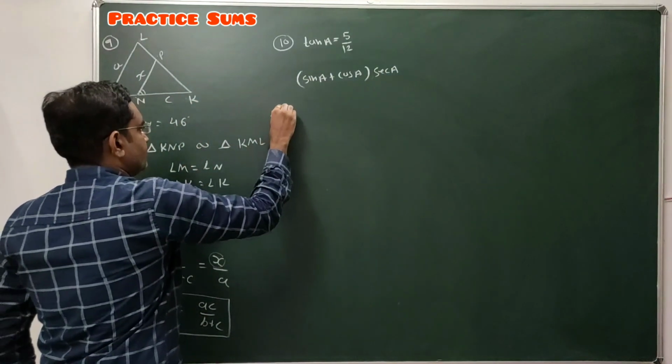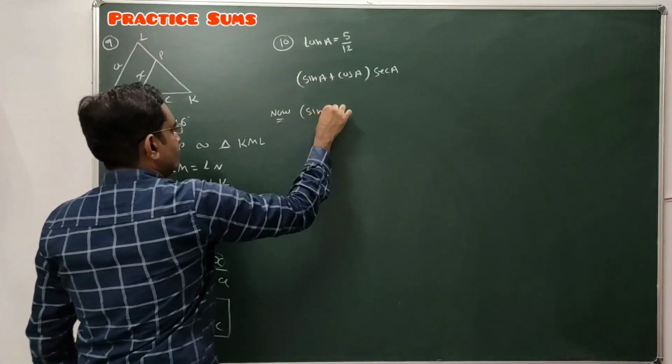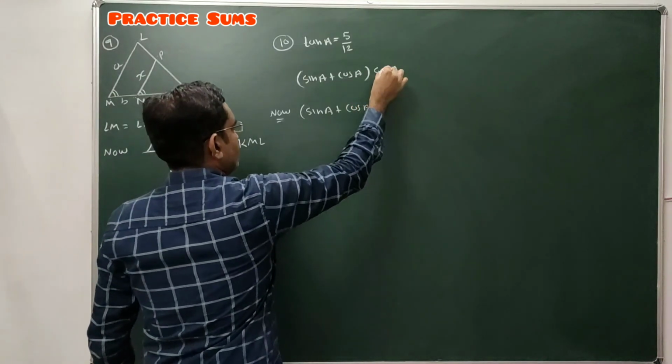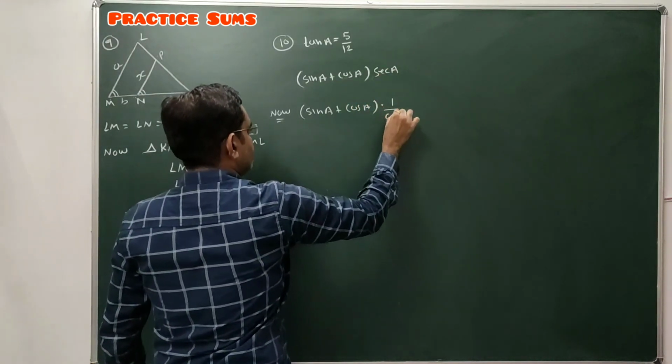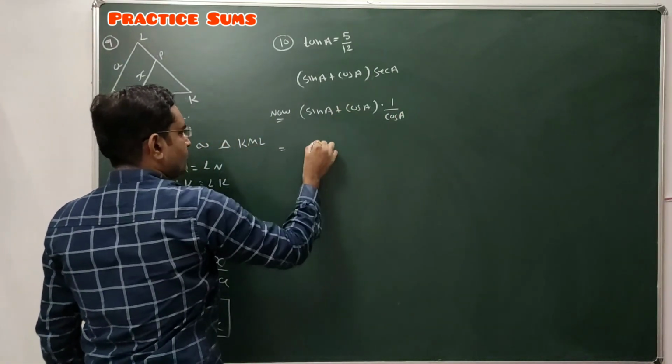So let's simplify this. This one is sin A plus cos A into sec A, and sec A is 1 upon cos A. So we can write this cos A in the division of both terms.